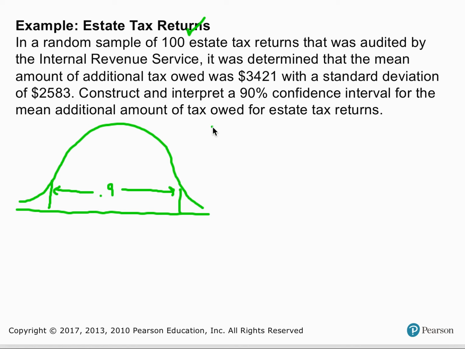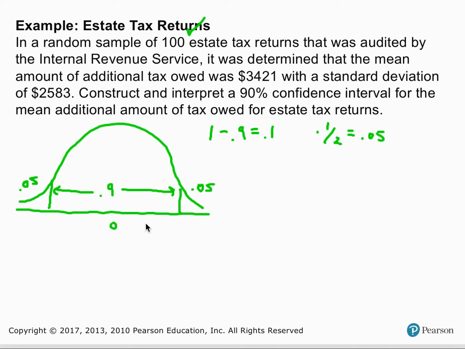Okay, 1 minus 0.9 is 0.1, and here's half of it, and here's half of that 0.1. It's symmetric, so it's exactly the same. So if I take 0.1 divided by 2, I get 0.05. So this has to be 0.05 over here. This has to be 0.05 over here.